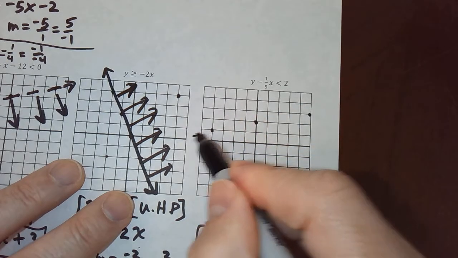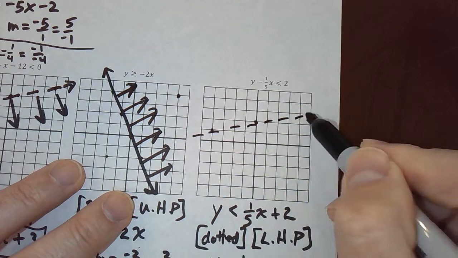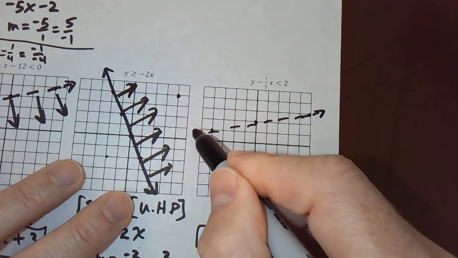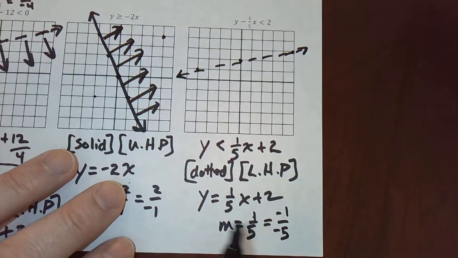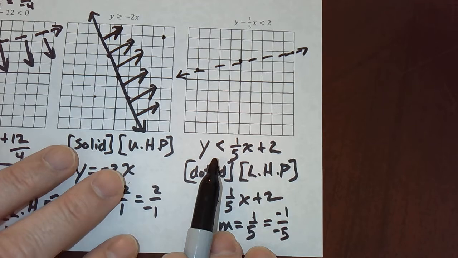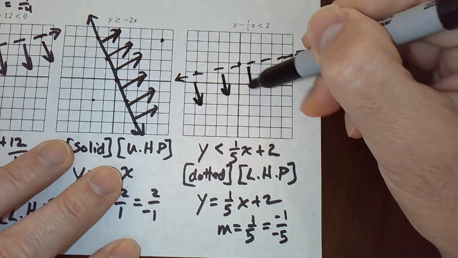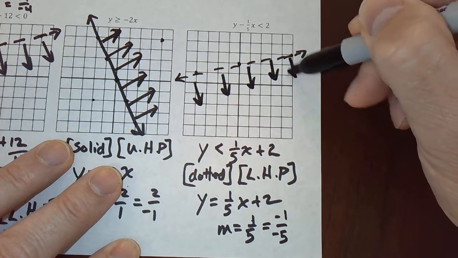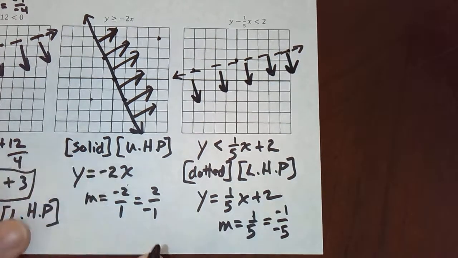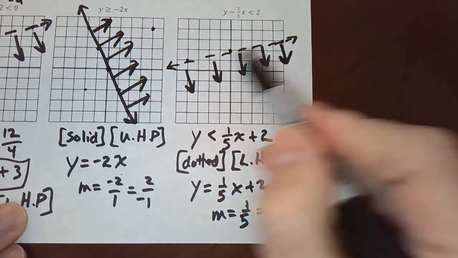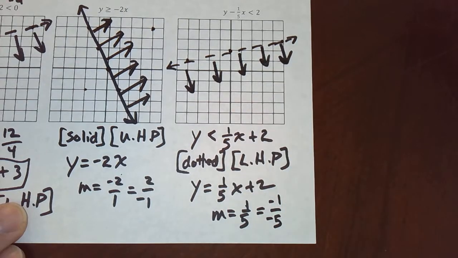And I'm using a dashed line. And this was a less than, so it is the lower half plane. And that is the solution. This lower half plane is the solution.